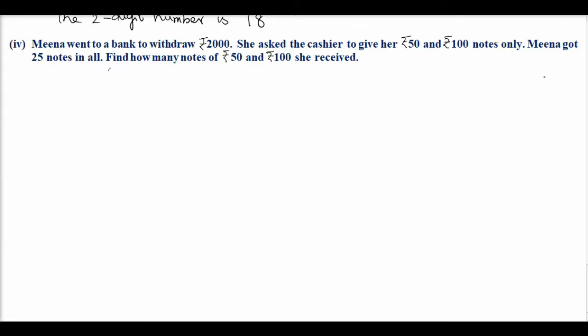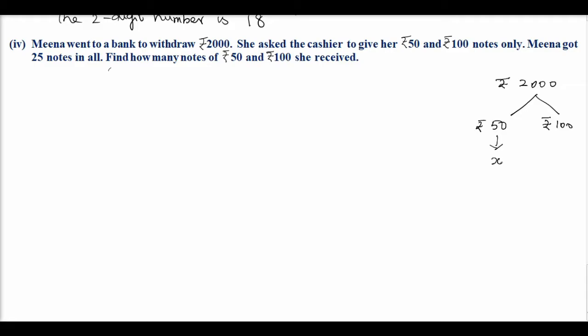So Meena goes to a bank to withdraw 2000 rupees. So she takes the cash only in 50 rupees notes and 100 rupees notes. Okay, she may get some 50 rupees notes. We don't know how many 50 rupees notes she got.